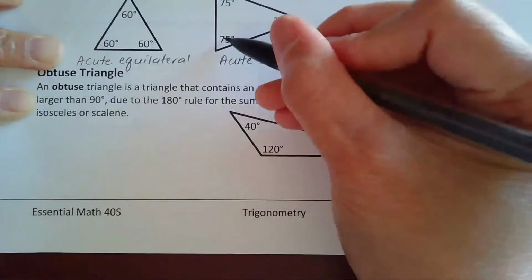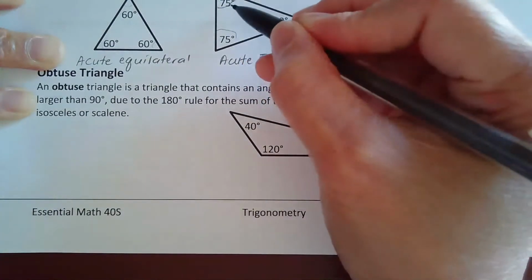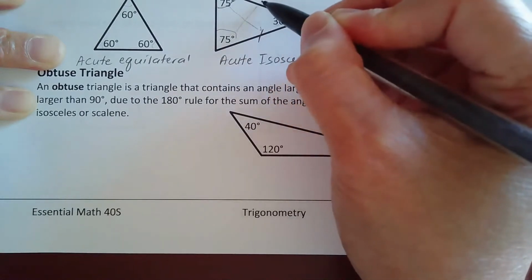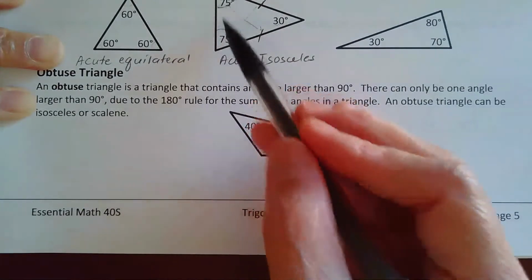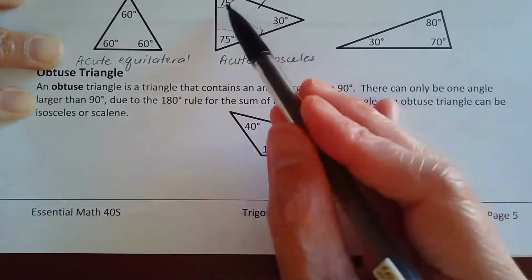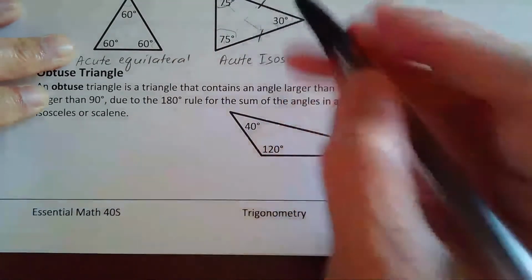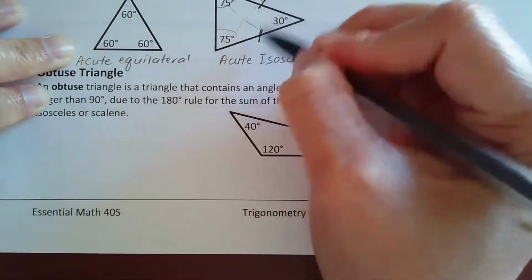Isosceles because two angles are the same, which means these two sides are equal. So acute tells us all three angles are less than 90 degrees, and it's called isosceles because these two sides are the same.